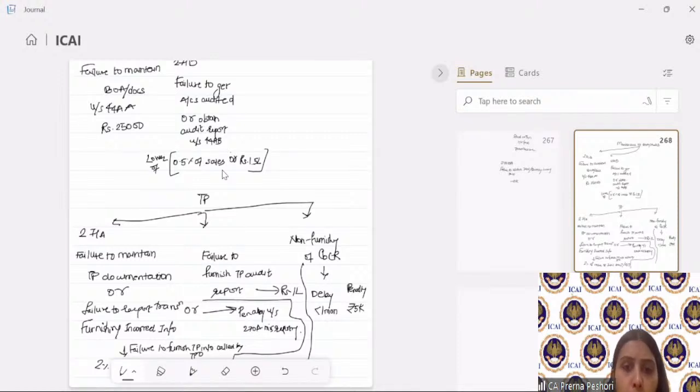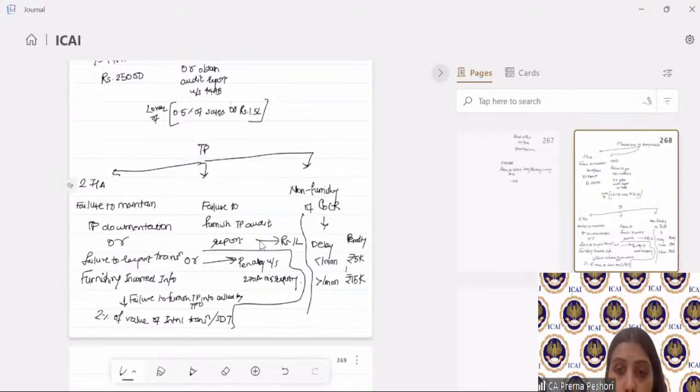If the delay is beyond 1 month, then it is 15,000 per day for the period exceeding the 1 month. And if there is a continuing default, even after the TPO serves the order levying the penalty, then it is going to be 50,000 per day of continuing failure.